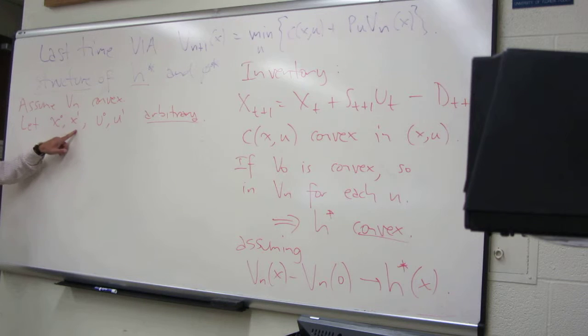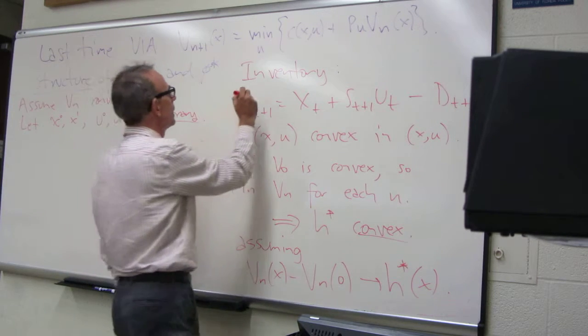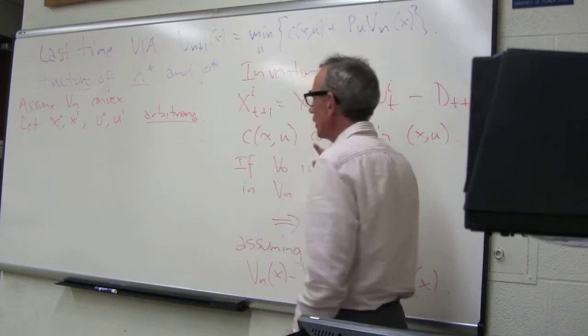You have 2 initial states and 2 initial controls that are arbitrary. Right? And I mentioned this idea of using coupling. And this is really the crucial part.